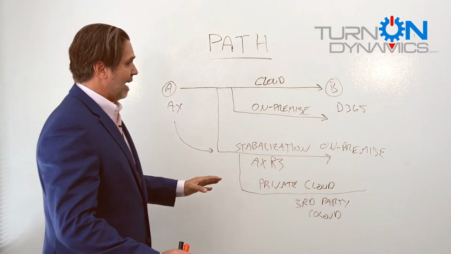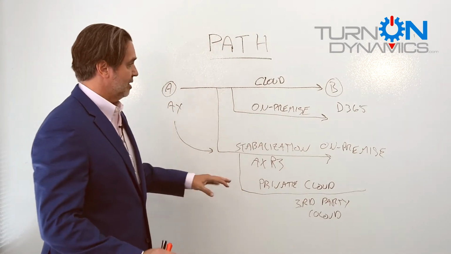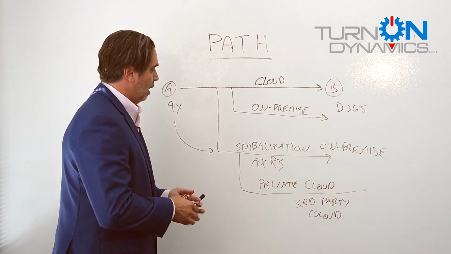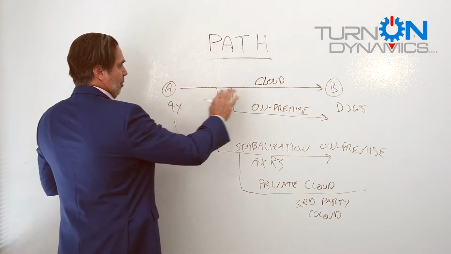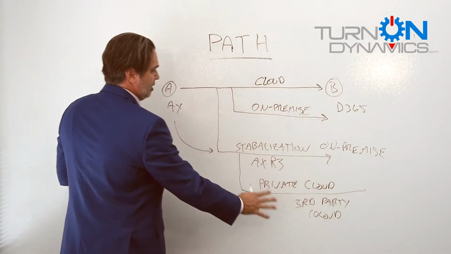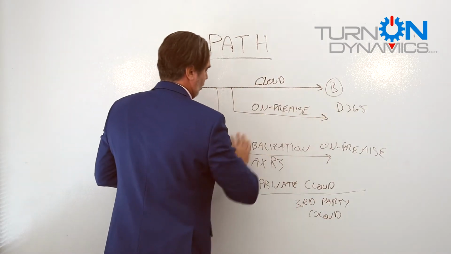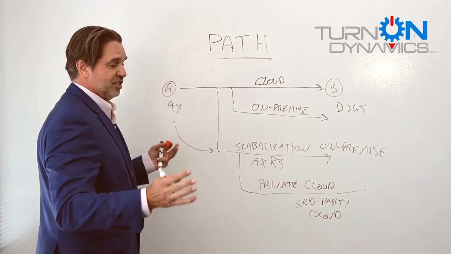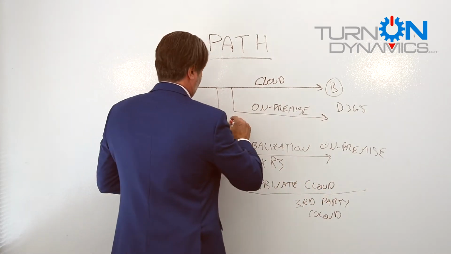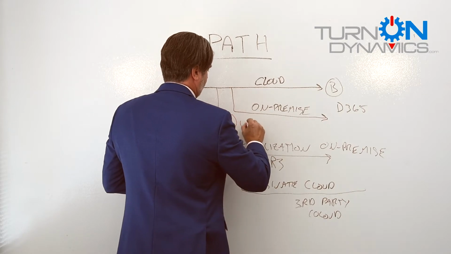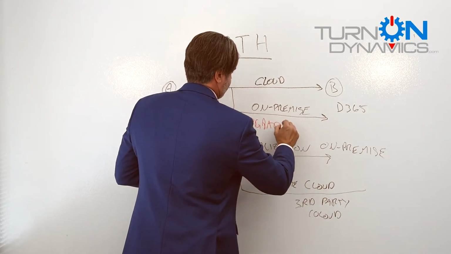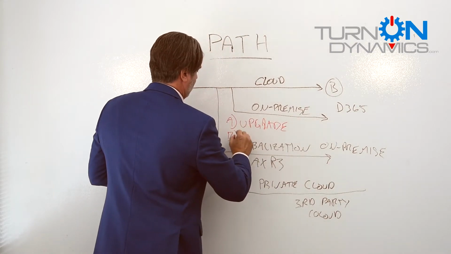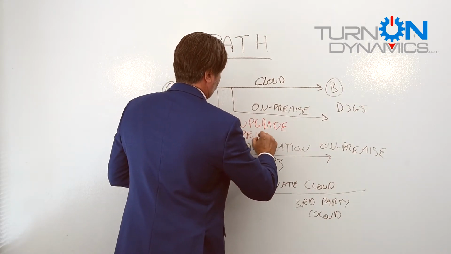Now, the last thing that we have to take a look at here is the following decision. When we do one of these upgrades, regardless of where we do them, directly from here to here or here to here, there is a decision of, are we going to A, do an actual upgrade, or B, a reinstall.